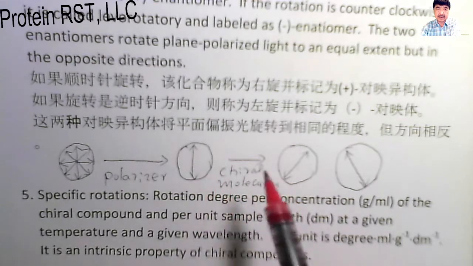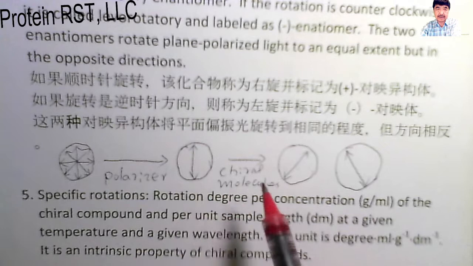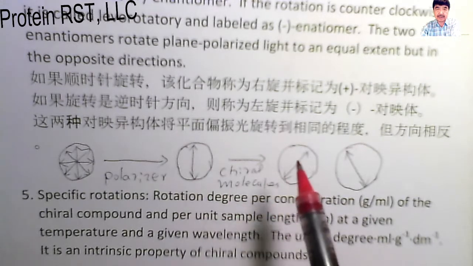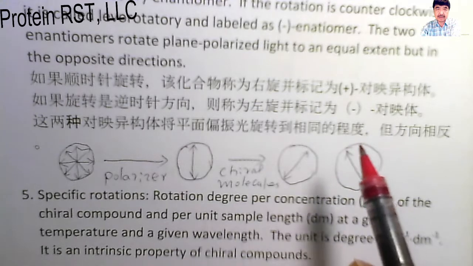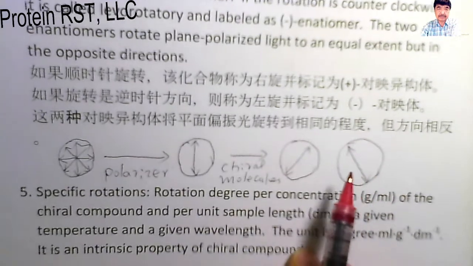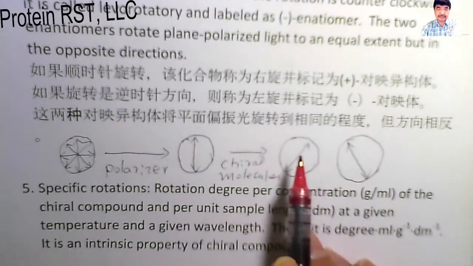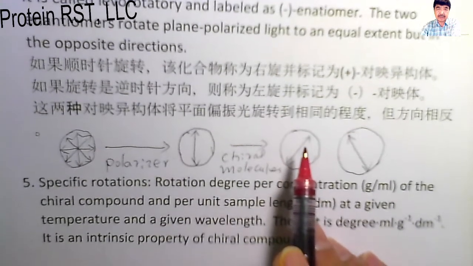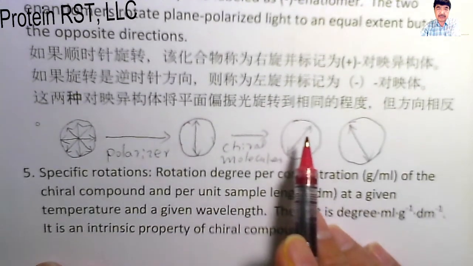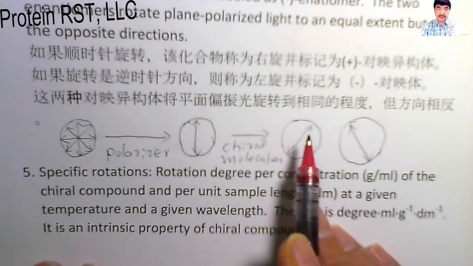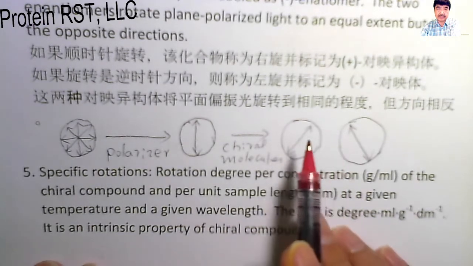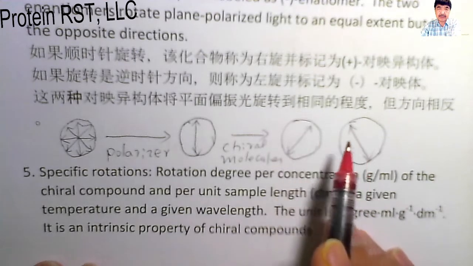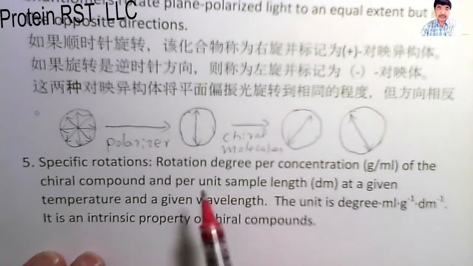Then the plane rotates either clockwise or counterclockwise. But the extent rotated is the same for the two enantiomers, while the direction is different.